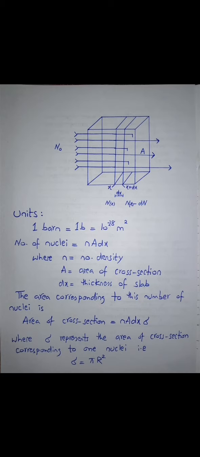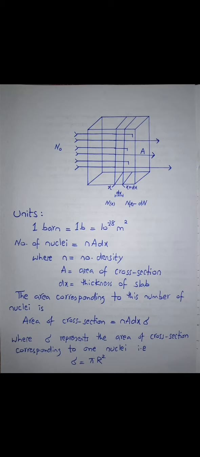Now to calculate how many interactions take place, we need to know how many target nuclei exist within this slab. Let's suppose the number density of the target nuclei within the slice is given by small n. So small n is the number of atoms per unit volume.